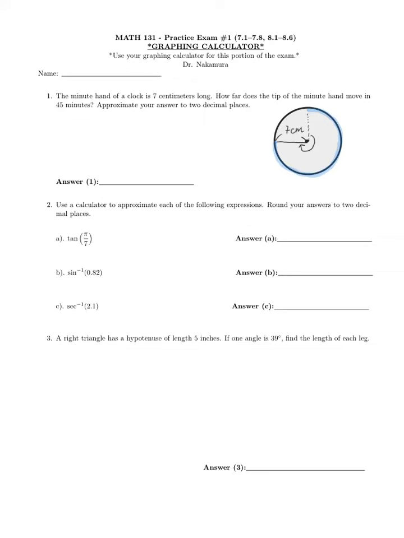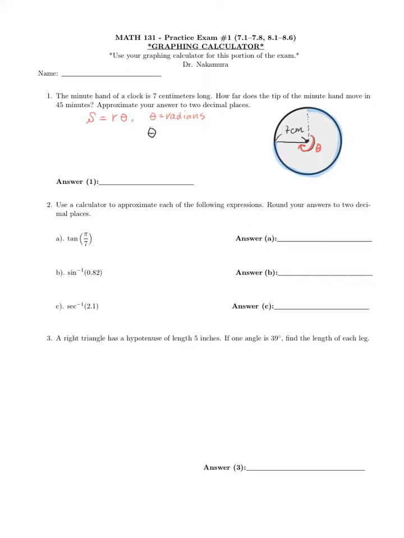So first we're going to have to recall the arc length formula. Arc length formula is given by S equals R times theta, but theta must be in radian measure. So our theta is from here to here. First, let's compute the angle theta in terms of a radian measure.